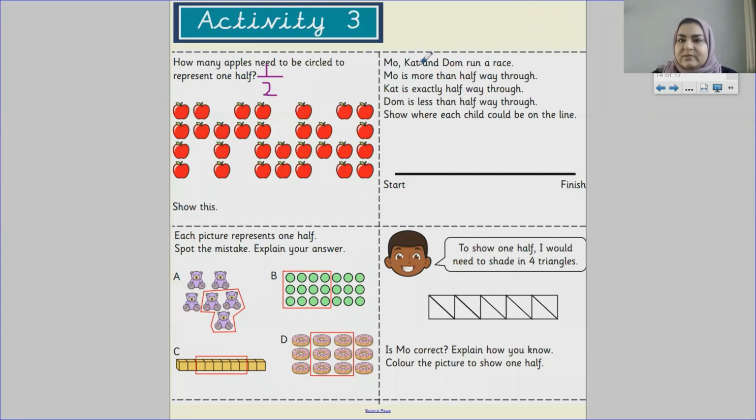And over here it says Mo, Cat and Dom run a race. Mo is more than halfway through. Cat is exactly halfway through. Dom is less than halfway through. Show where each child could be put on the line. So if it says Mo is more than halfway through, you know he's not half, he's past the half line. Cat is exactly halfway through, so you'll draw Cat right in the middle of the line.